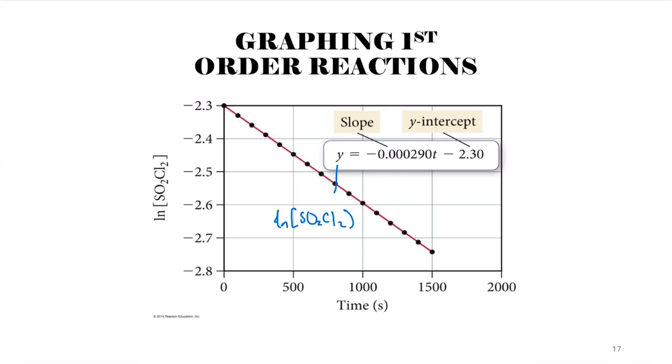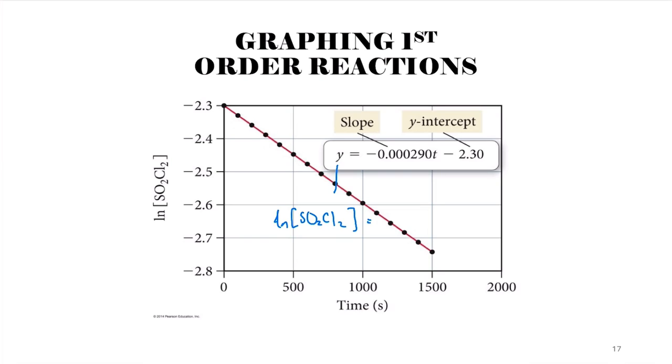ln of SO2Cl2 is equal to, there's a slope here. What is the slope equal to? Negative k.